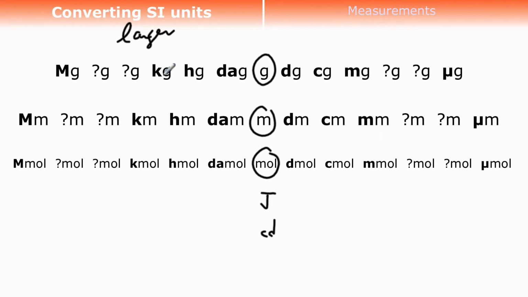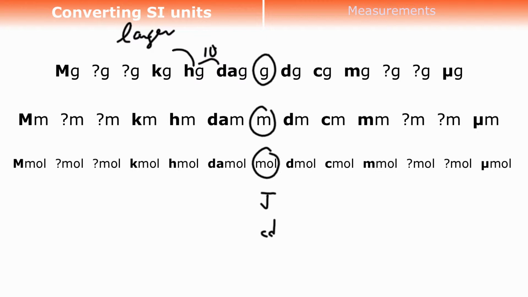So a kilogram is much larger than a gram. Actually, it's 1,000 times larger. Notice that each bump that you go from one unit to another is a factor of 10. And that's the beauty of the metric system: to convert from one unit to the other, it's always a factor of 10 every time.